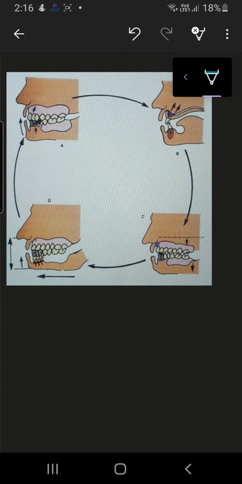So let's do a quick recap, starting with this picture A again. The load is going to be focused on the lower anteriors. That's going to cause resorption in the upper maxillary region, and then that's going to cause a change in the occlusal plane, making the maxillary anteriors go up, and the posterior portion of the maxillary will go down.